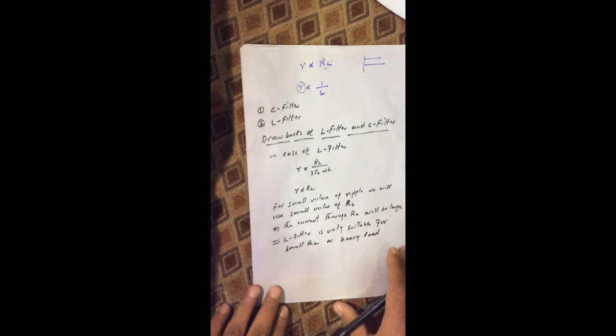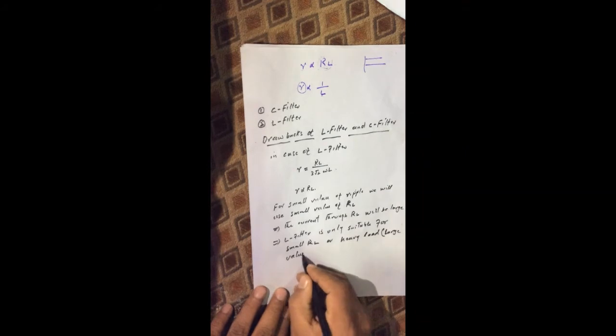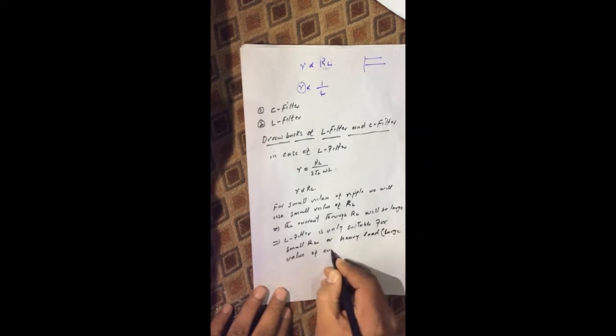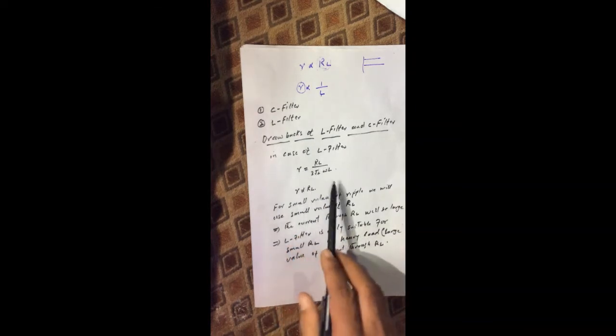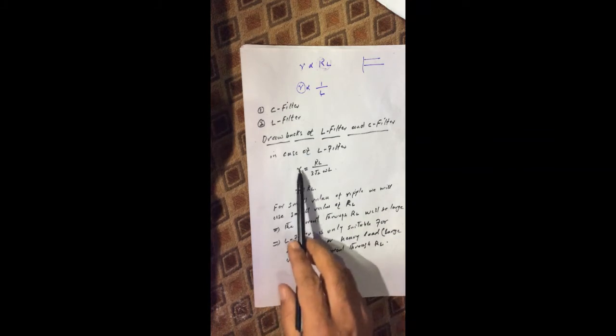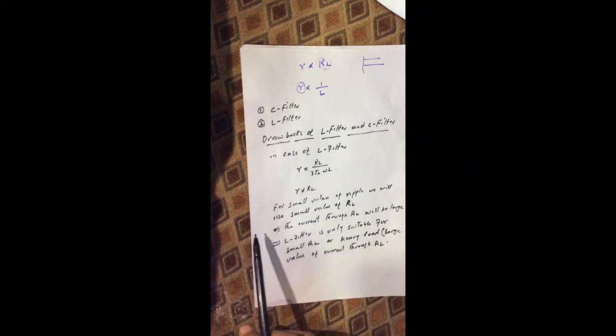Now, heavy load means a large value of current through RL. So, the ripple factor is given by this relation, and we know from this relation that the ripple factor is directly proportional to the load resistance.